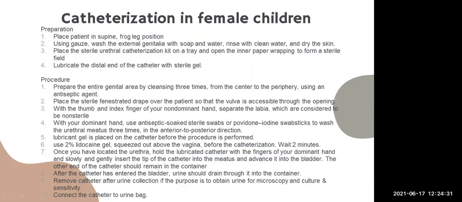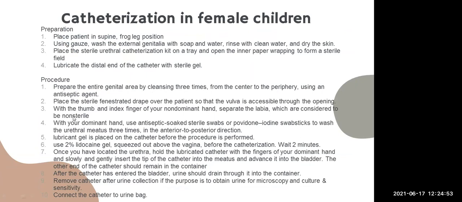In female children, the process is quite the same. After preparing the patient, prepare the genital area by cleansing 3 times, also from the center to the periphery, and then place the sterile fenestrated drape over the patient so that the vulva is accessible through the opening.